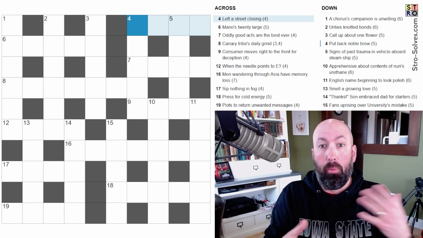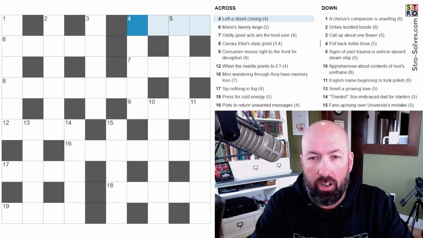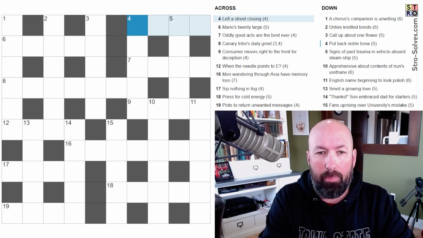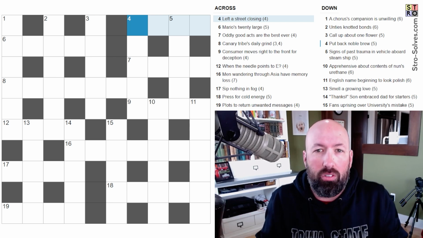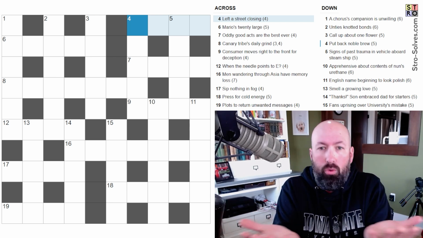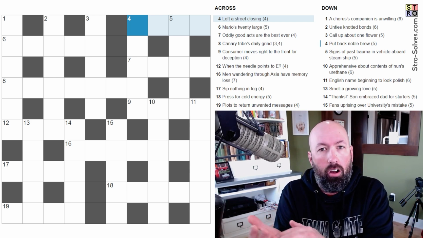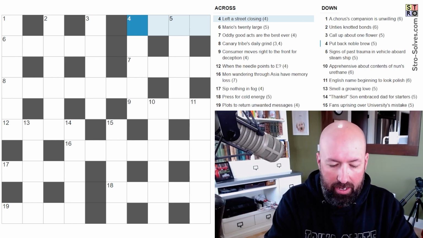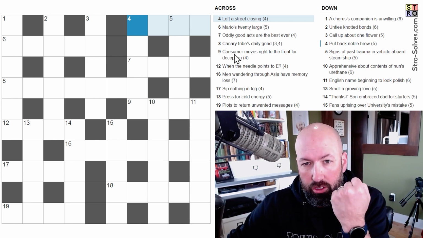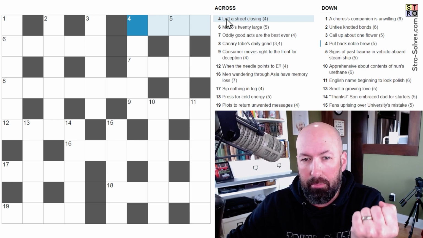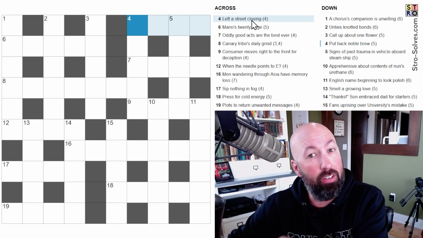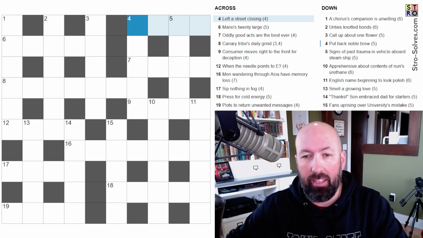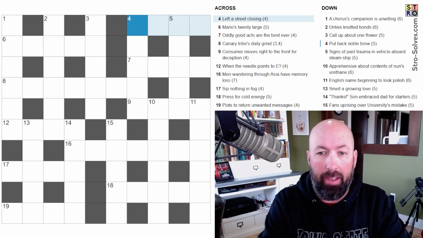You can't just abbreviate any word as the letter it starts with, but there are certain ones that are acceptable. Left for L is acceptable because that's commonly used, right? You'd have two things and it might have an L and an R on it to tell you left and right. And so left is commonly abbreviated with just an L. So that should clue you to think that maybe that's going to be an L and the definition is at the end. Street is also commonly abbreviated as ST, right?